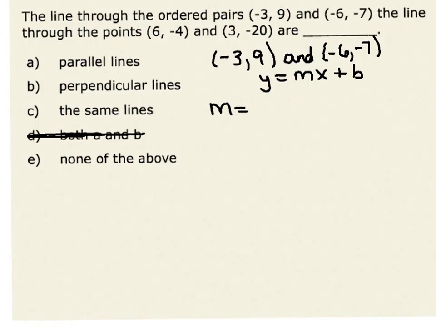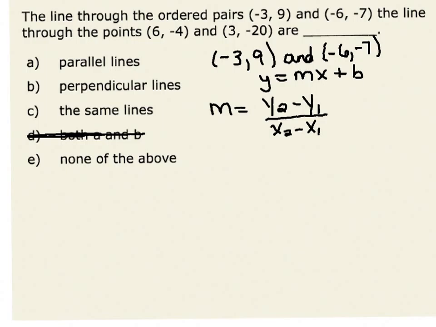The change in y is given by taking y2 and subtracting y1, and dividing by the change in x, which is x2 minus x1. We can call (-6, -7) our x2, y2 values, and (-3, 9) our x1, y1 values.